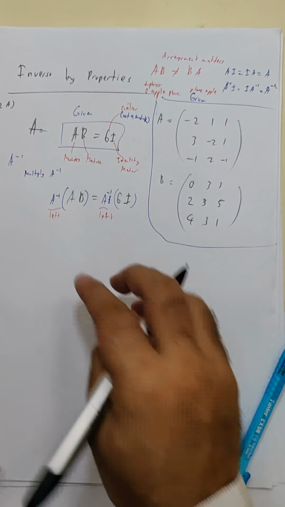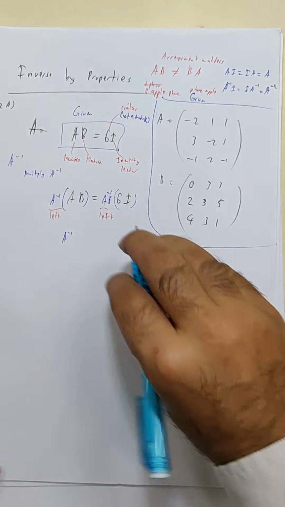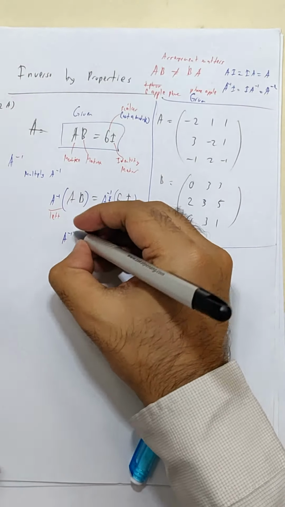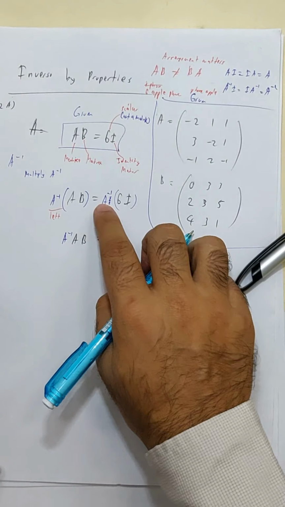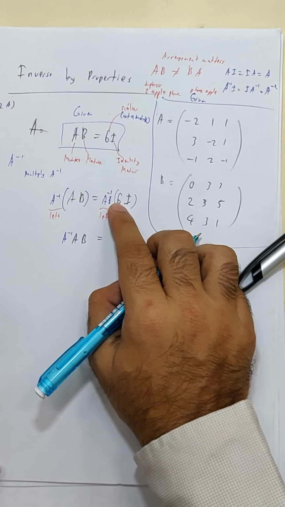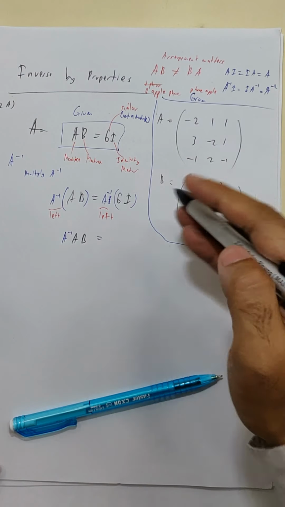So right now, once you open the bracket, A inverse AB equals 6 is what? Scalar. Okay, so I can move my 6.